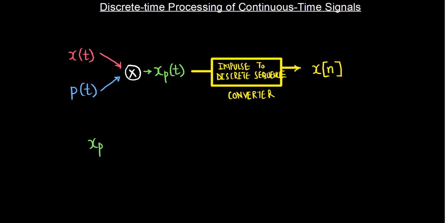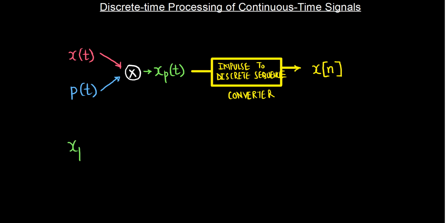So the Fourier domain representation of xp of t, that is xp of omega, is going to be, we have seen that already, so let me write the time domain expression first.